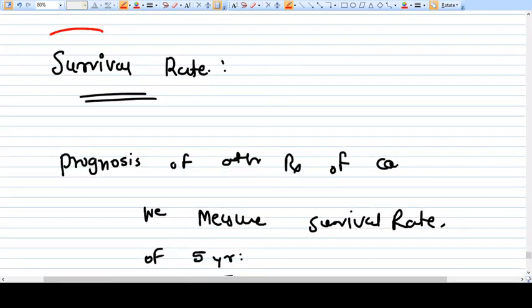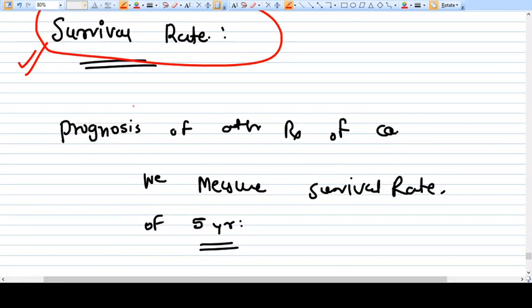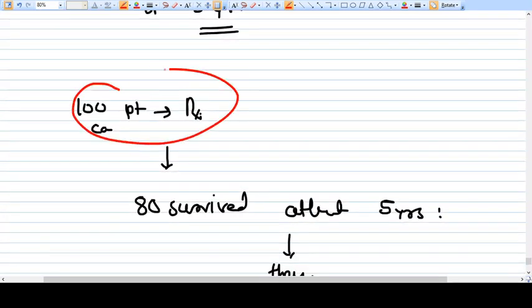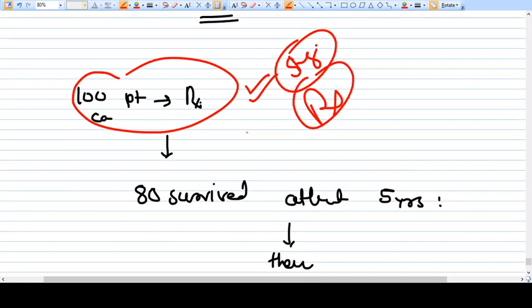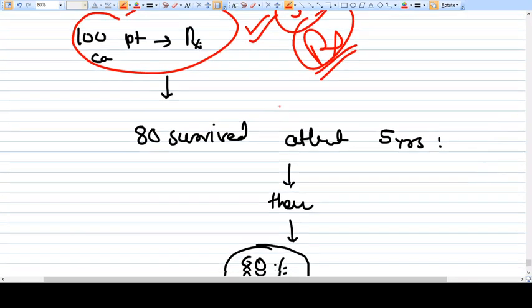Now when we talk about the prognosis of any tumor, there comes the survival rate. Generally we measure a survival rate of 5 years. That means if there are 100 patients of some particular cancer at a certain stage, and we have treated that stage of cancer with our treatment, and now we are assessing the outcome of our treatment, then we need to go for a survival rate.